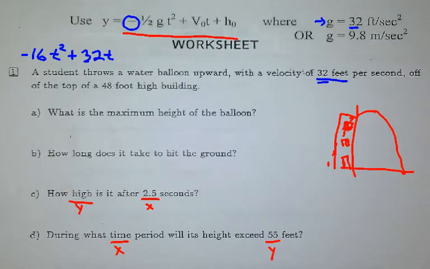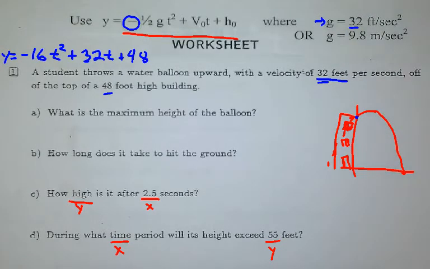And then off the top of a 48-foot tall building, that means the y-intercept right there is 48. So we're going to put 48 right there. So this is the equation of the parabola that we're dealing with, right? And we want to be able to find the vertex, the x-intercepts, and where it is. And we're going to use the calculator to do all of that.